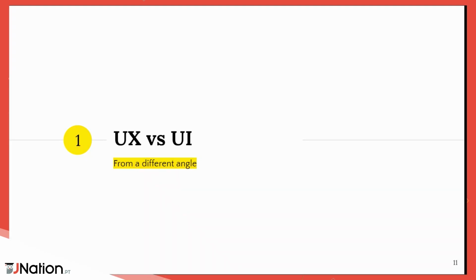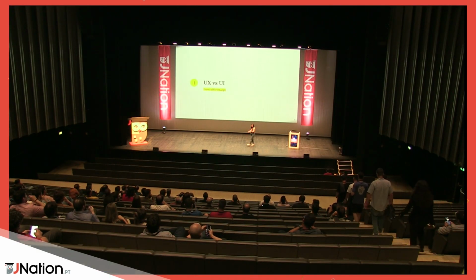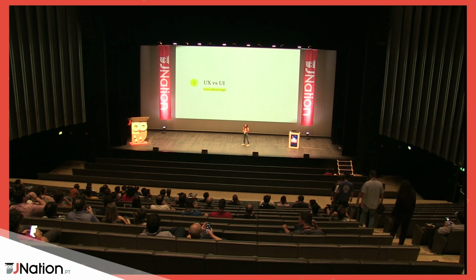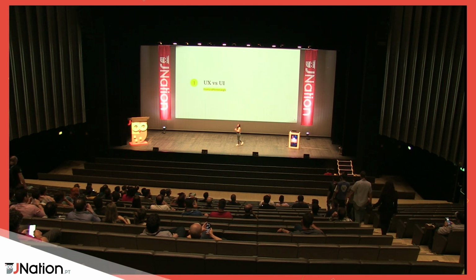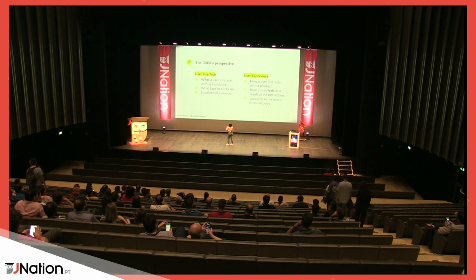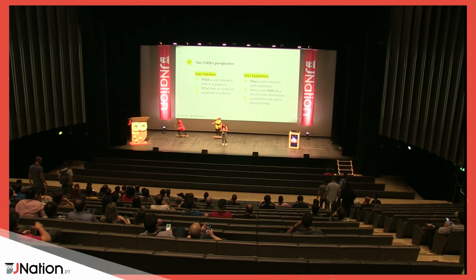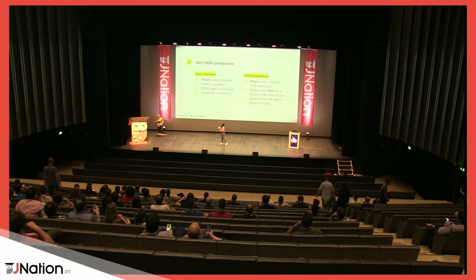But again, we are here to talk about UX and UI, and I will start from the perspective of the user because I think it's a little bit easier to understand, and then we will move on to the perspective of the designer/developer/engineer. The first thing that we have here is the user interface.